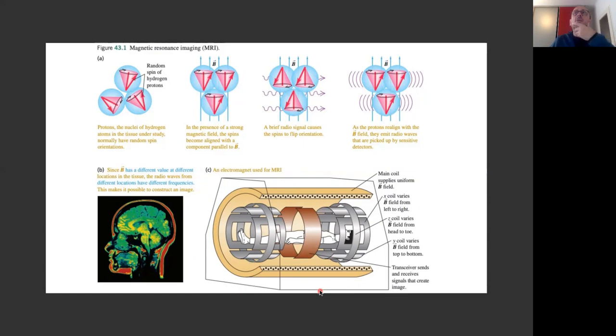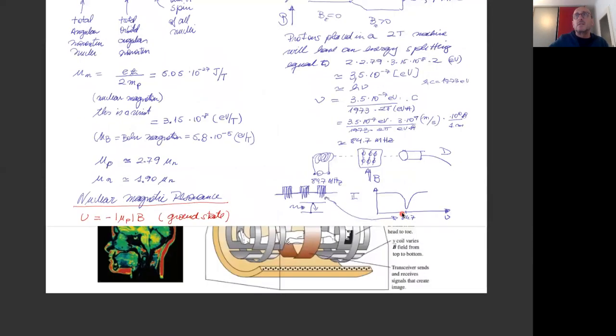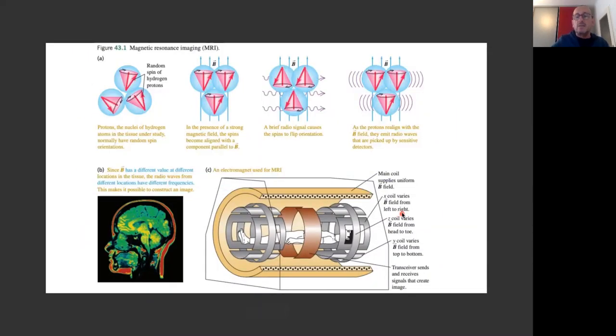I don't know how large the gradient should be, but the usual machines are labeled by the maximum magnetic field that they have. So this is a 1.5, a 1.5 Tesla machine. That means that this splitting here is less than this, so the frequency of this guy is probably 60 megahertz or something like that, a characteristic frequency.